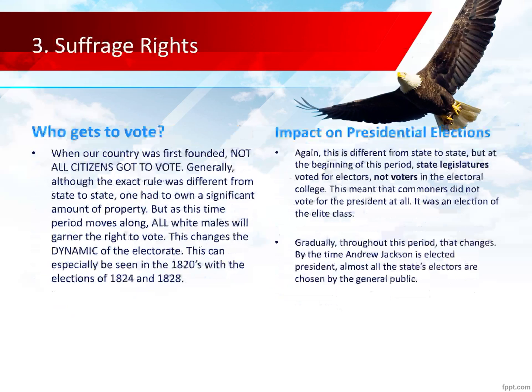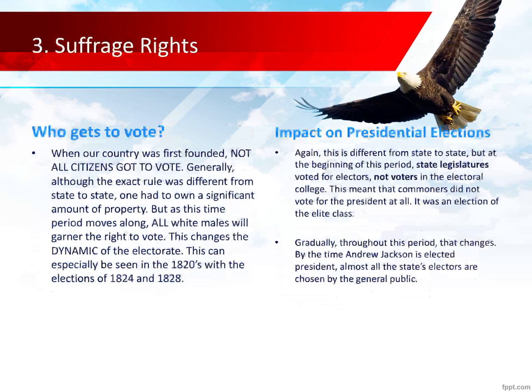At the beginning of our country, most people could not vote. And the reason is, if you wanted to vote, first off, you had to be white. Secondly, you had to be a male. And third, you had to own a certain amount of property. Notice it's kind of a vague amount, depending on what time between 1789 and 1837 we're talking about.